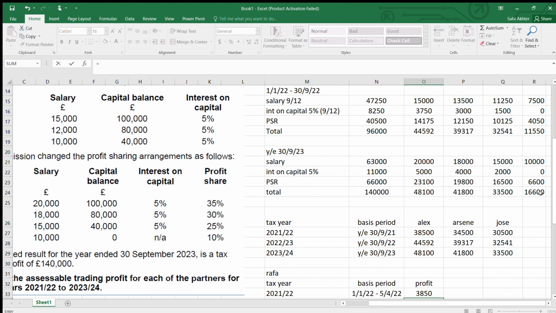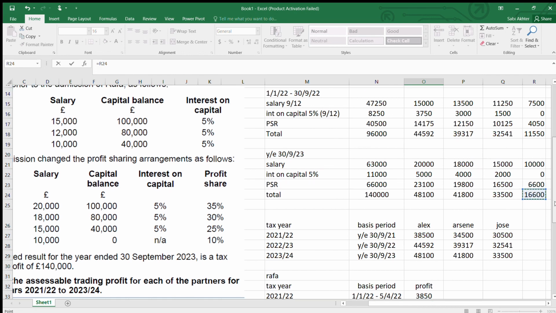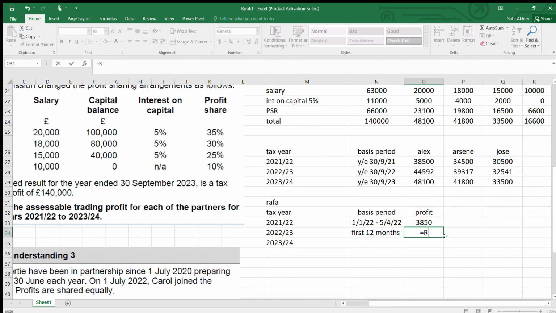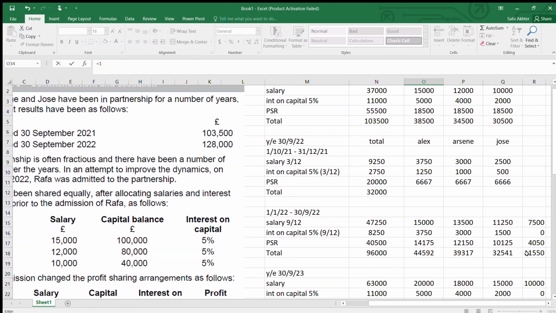Go to Rafa, see Rafa. Okay, here 16,600. Okay. So with this 16,600, you will add, sorry, with 11,550.